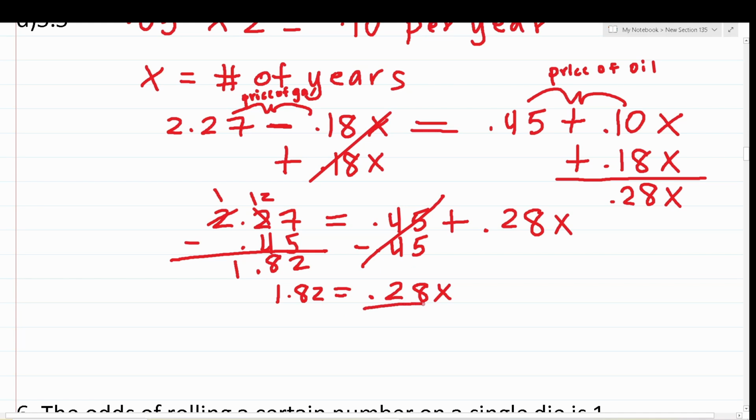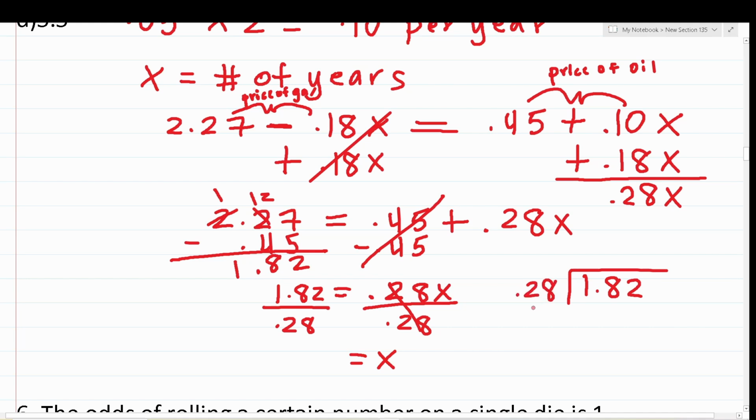So let's divide both sides by 0.28 to get x by itself. This crosses out here, leaving you with x on this side. And all we have to do is work out 1.82 divided by 0.28. All right, so now we're doing long division with decimals.